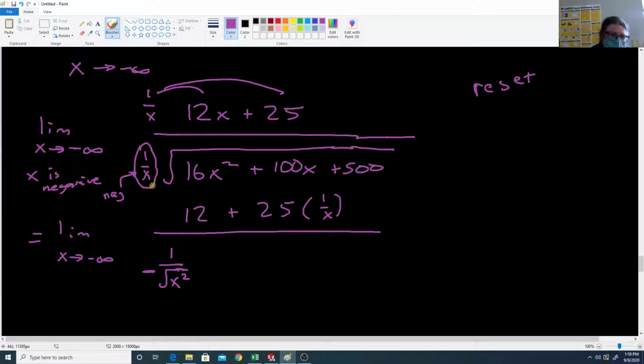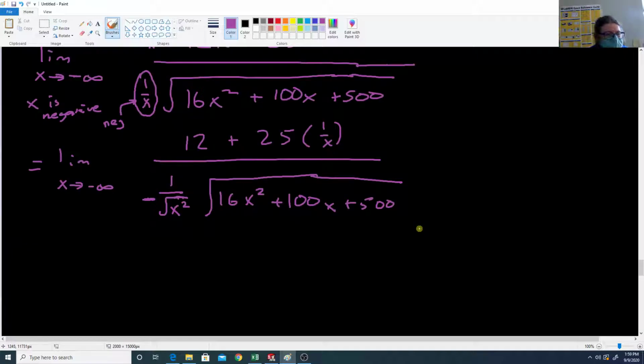That comes from 1 over x being negative. If we're trying to rewrite 1 over x as 1 over the square root of x squared, that needs to be negative. Then we'll do one more rewriting so we can combine it into the square root that's currently there. So we get the limit as x approaches negative infinity.